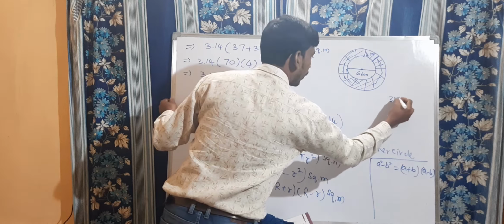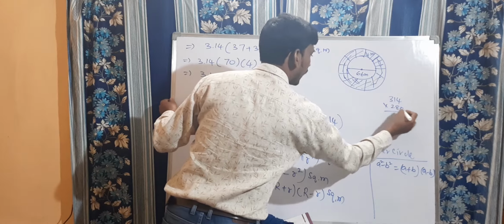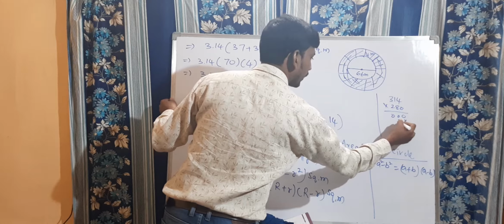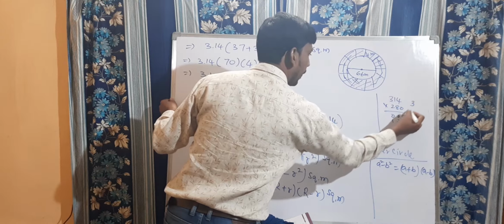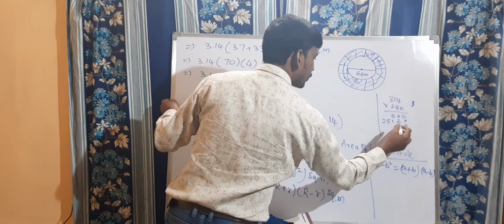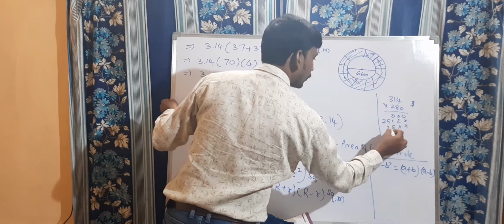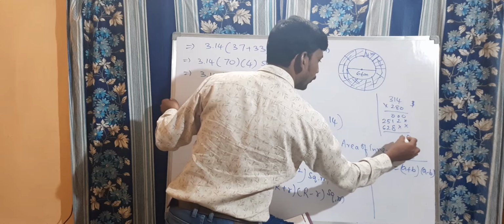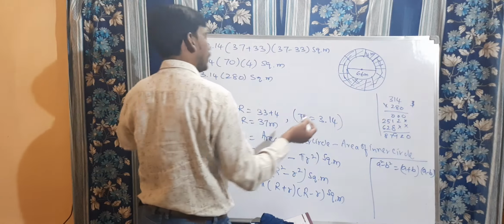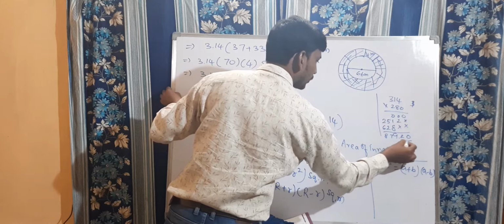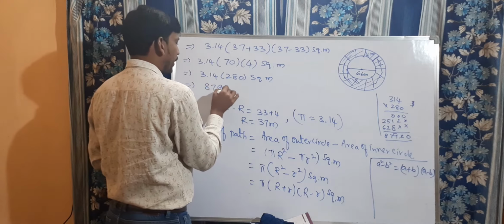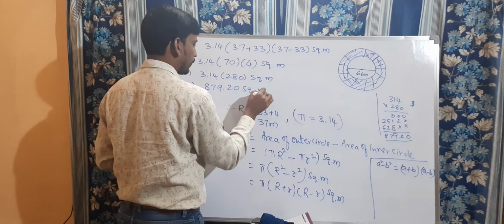So 314 into 280, you will get 0, 0, 0, 8 4s are 32, 8 1s are 8 plus 3, 11, right? 8 3s are 24 plus 1, 25, right? 2 4s are 8 and 2 1s are 2, 2 3s are 6, 0, 2, 9, 7, 8, 879. Here the decimal point is after 2 values, so here also you get 2 values, 879.20, which implies 879.20 square meters. Right, children?